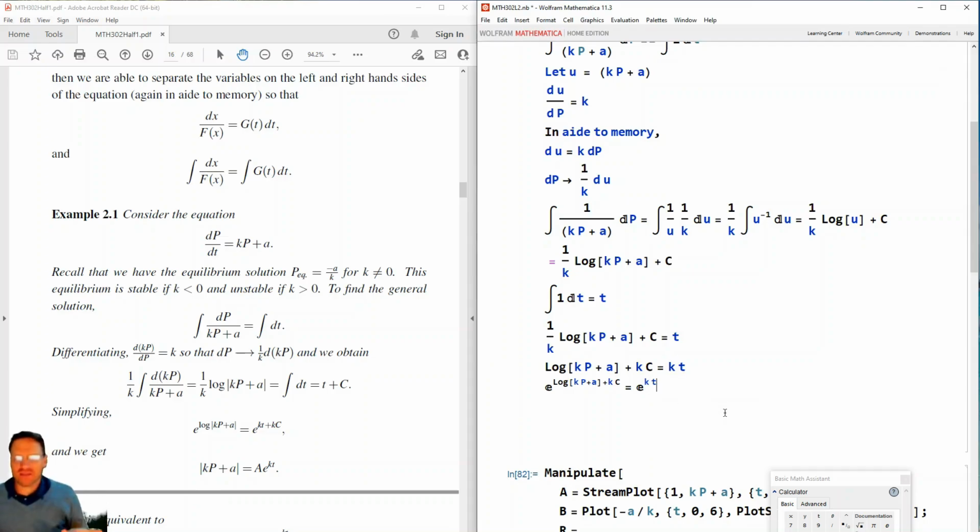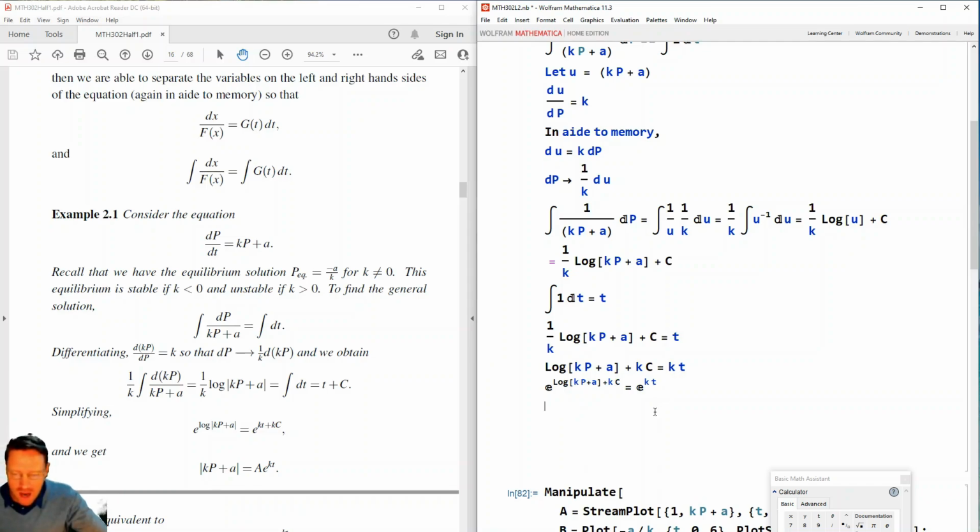So we're getting there at this point. Next, we'll use a rule of exponents. Since in the exponent on the left we have a sum, that's the same as e to the first thing times e to the second thing.